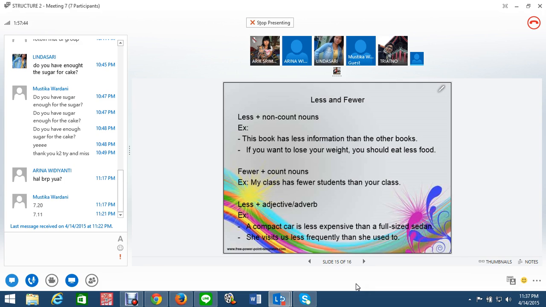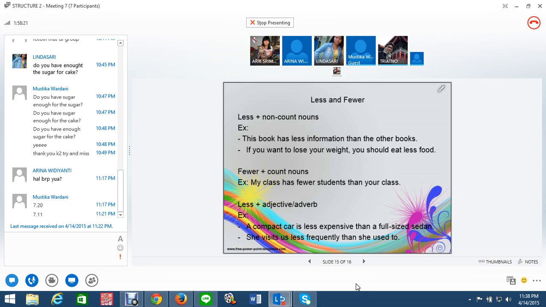Maksudnya apa di situ? Semakin dia marah, semakin dia tua, cepat tua gitu ya? Oh, kejam. Oh, you should have said, the more she gets angry, the more cruel she is.